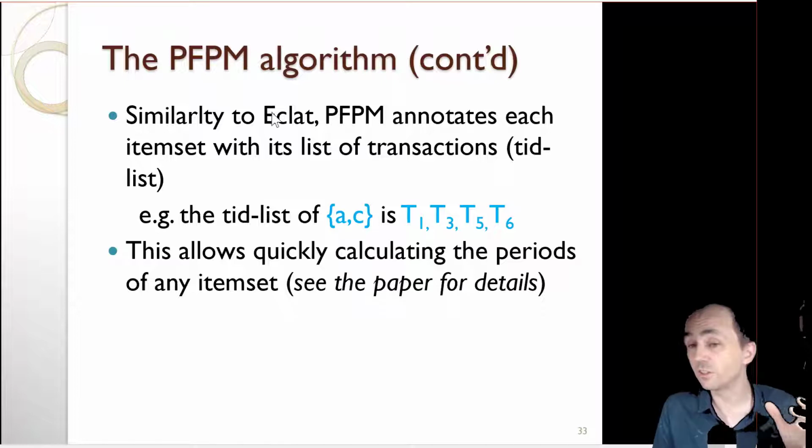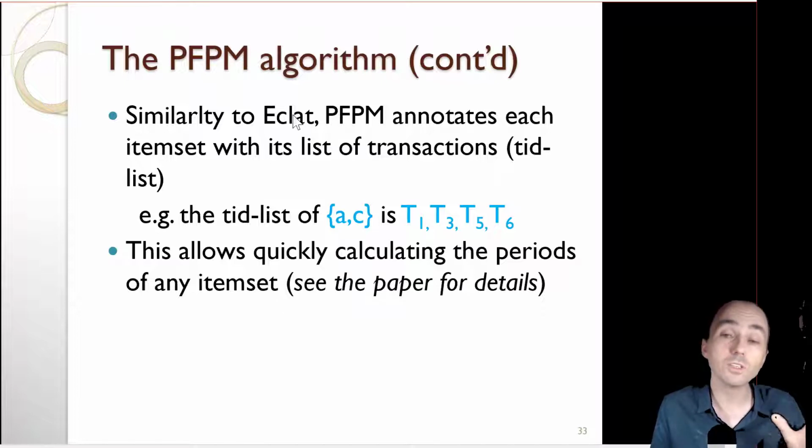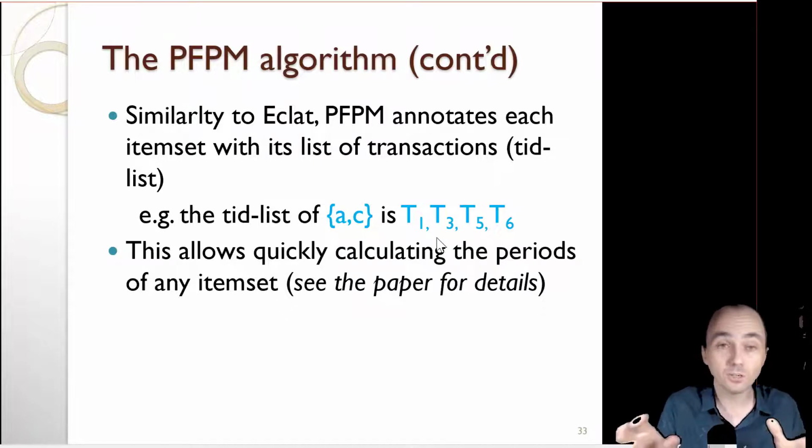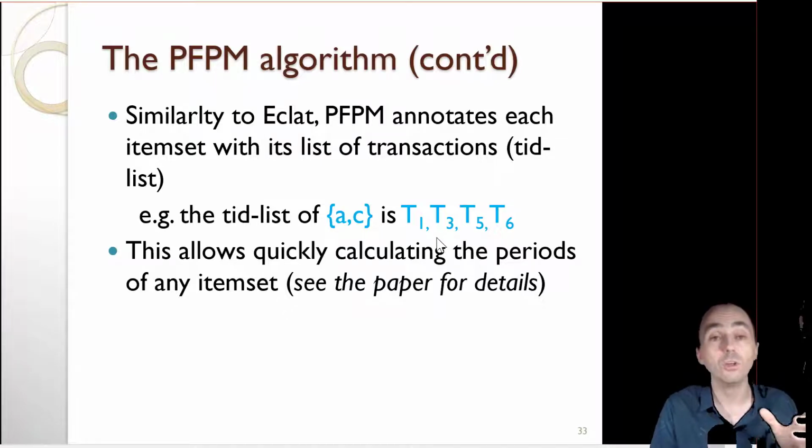So it is not difficult to modify ECLAT to get the PFPM algorithm. Also here I have transactions like T1, T3, T5, T6, but we can change this to have the timestamp instead, the exact time. It is possible to change the algorithm to have the exact time also.